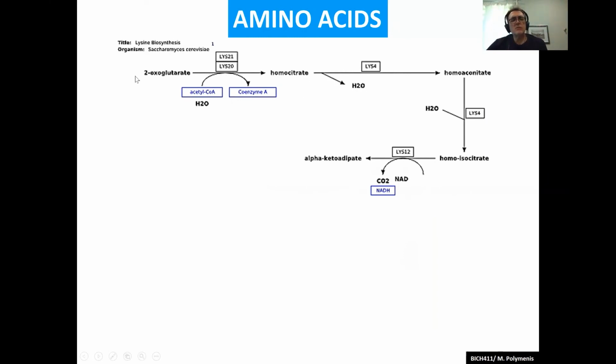So if you go back to the TCA cycle, alpha-ketoglutarate has 5 carbons, right? But the way it works with citrate synthase is to get oxaloacetate, which has 4 carbons, combine it with acetyl-CoA, which has 2 carbons, and get 2 plus 4, 6.